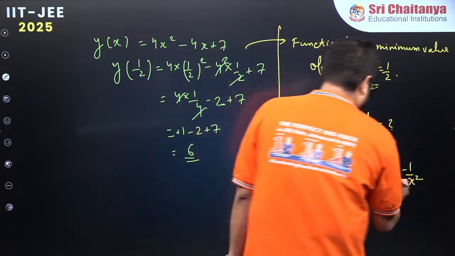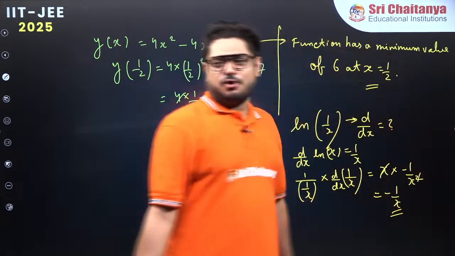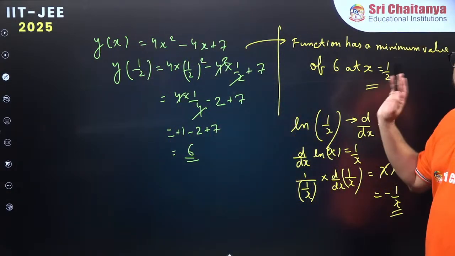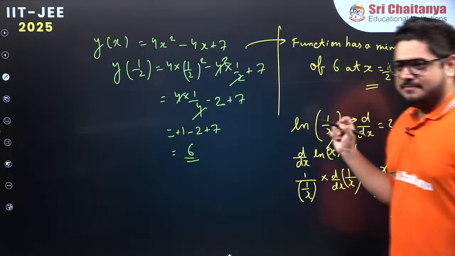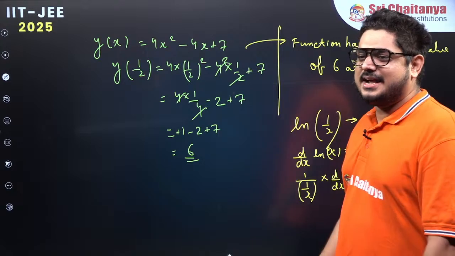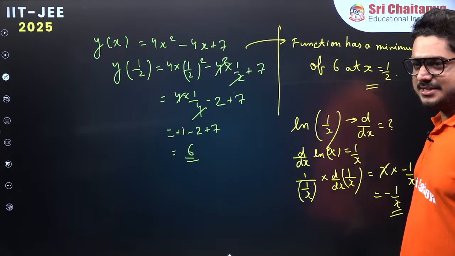So I will be getting in the end minus of 1 by x. I hope you got it as minus of 1 by x. That was a homework question which I can recall, which I gave. Do you remember? This is what needs to be done in this type of situation.